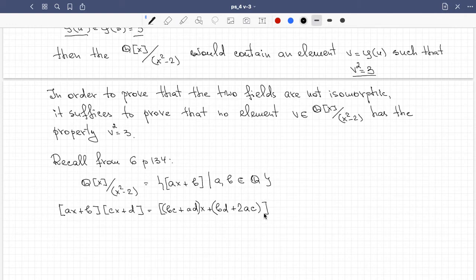I discussed that in as much detail as I can in one of the previous fragments.